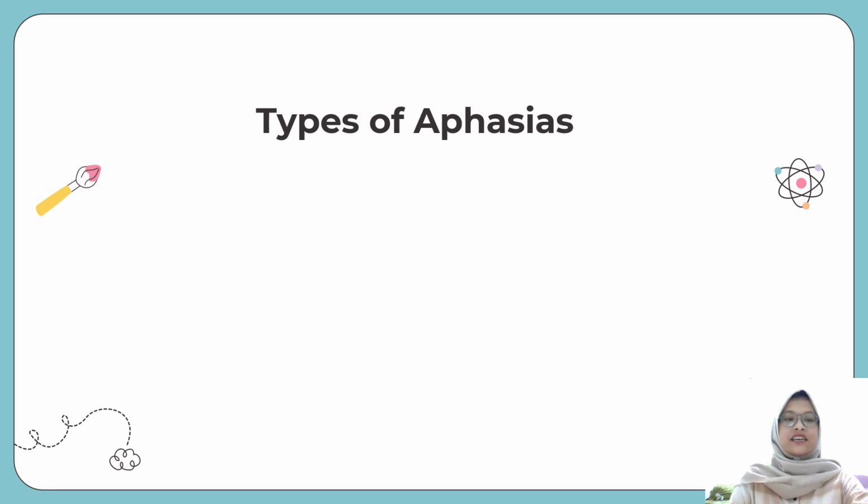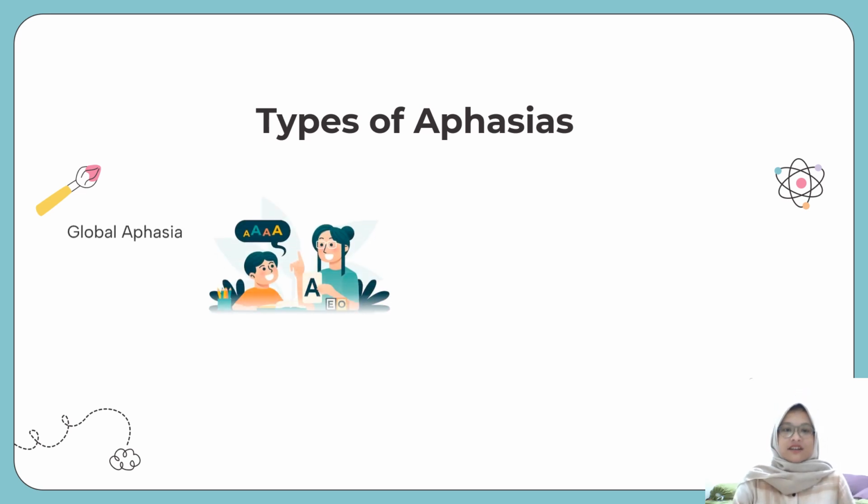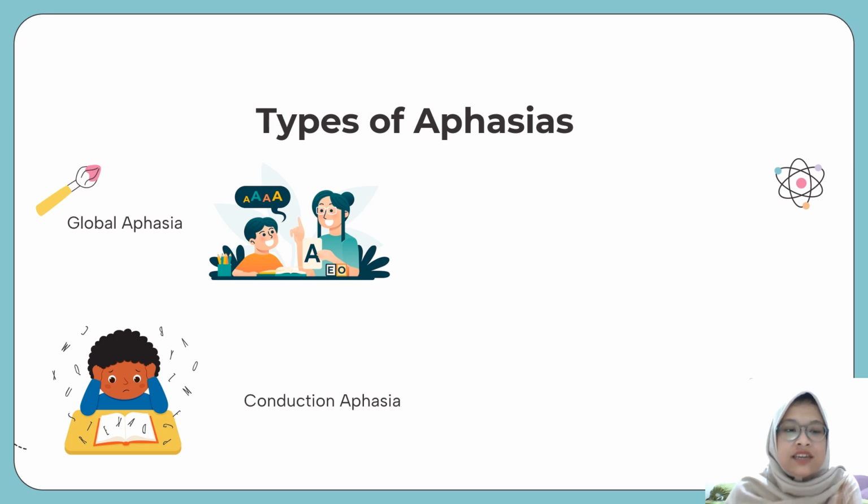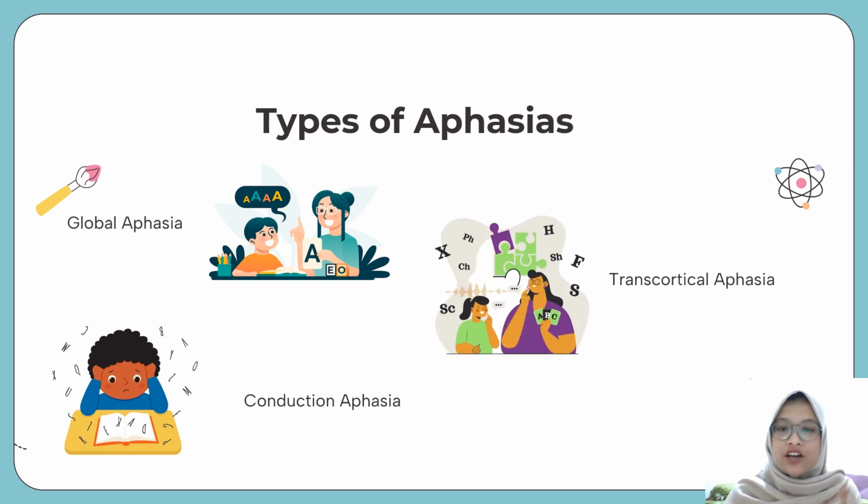There are five types of aphasias. Global aphasia. This is the kinds of severe difficulty speaking and understanding, and conduction aphasia, problems with repeating words but fluent speech, and transcortical aphasia.